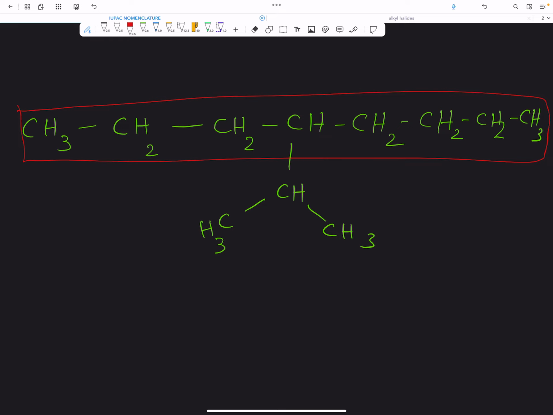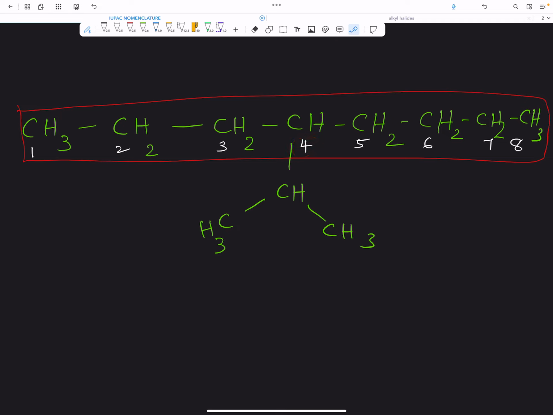Now give numbering. Let us start from here 1, 2, 3, 4, 5, 6, 7, 8. Then this group, also called isopropyl group, takes the locant number 4.